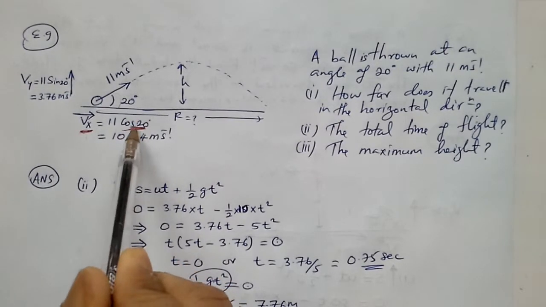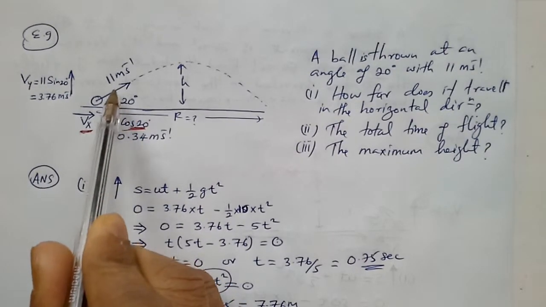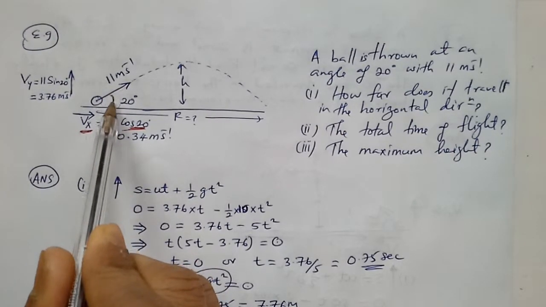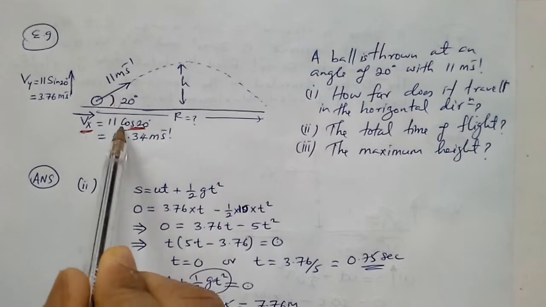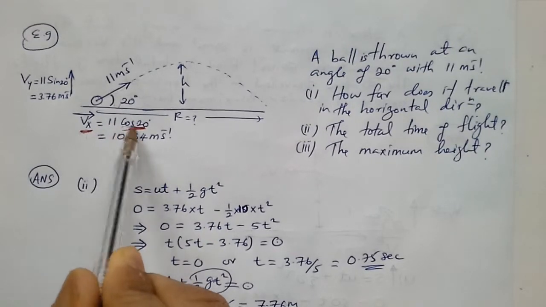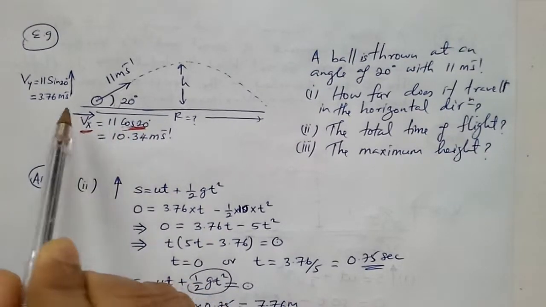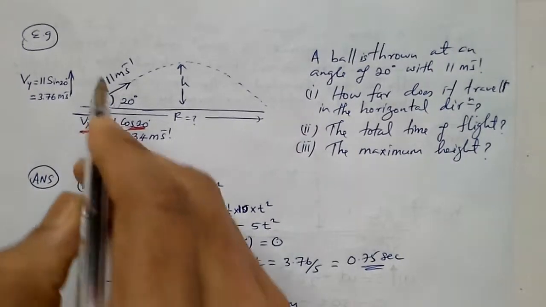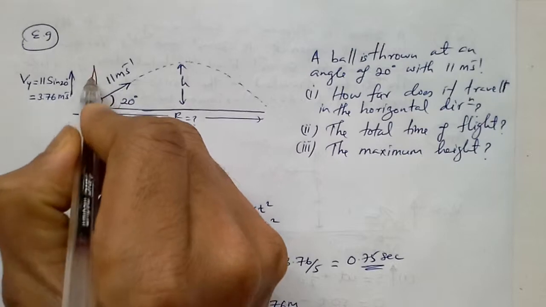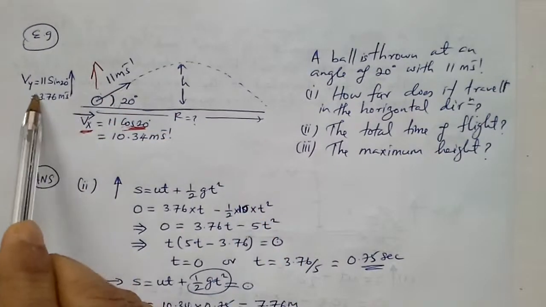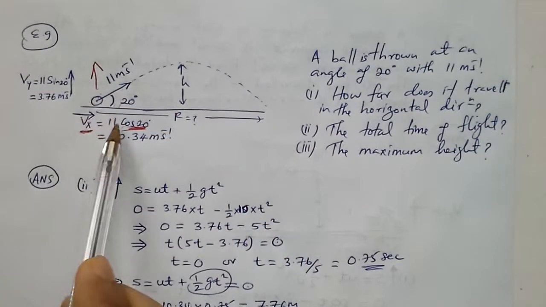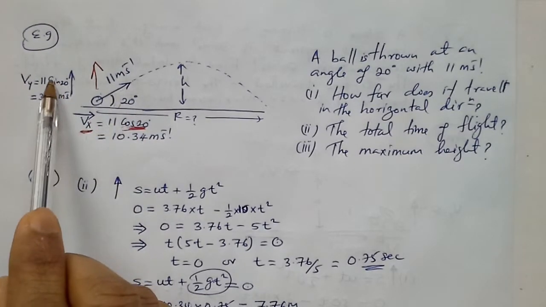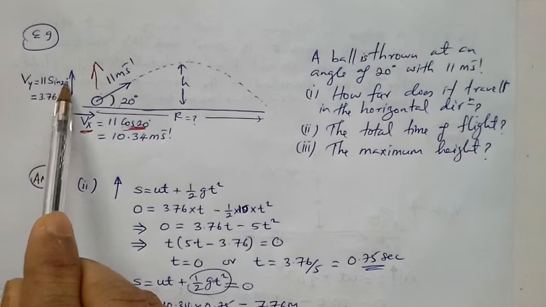I explained this: when you divide a vector toward the given angle, we use cos. And if you divide away from the angle, we get the sine component. So this is V cos 20 degrees and this is V sin 20 degrees.